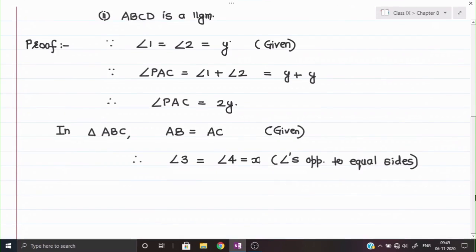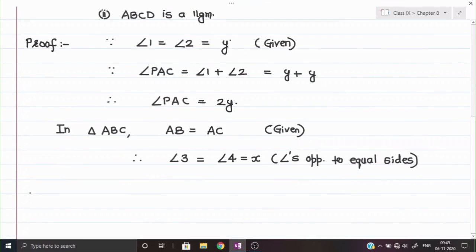So we will say further, now in triangle ABC, angle PAC is an exterior angle.